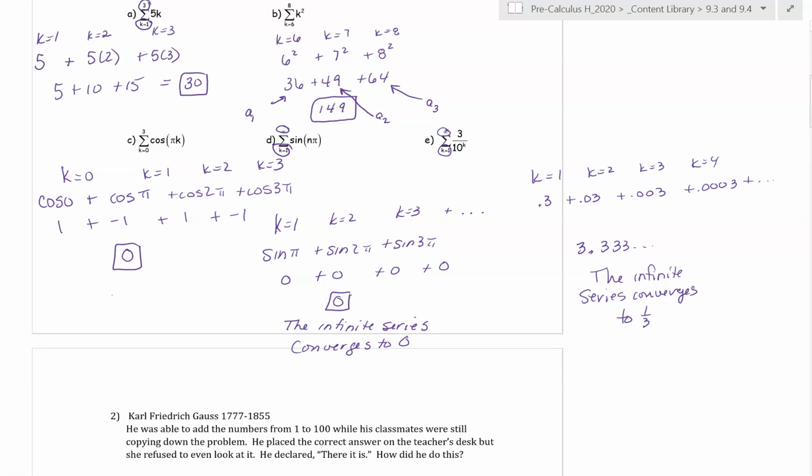Again, more on this later. But if you let k equal 1, k equal 2, k equal 3, k equal 4, look at this. We have a sequence that we're finding a sum of. And if you have 0.3 repeating, the infinite series converges to 1/3.